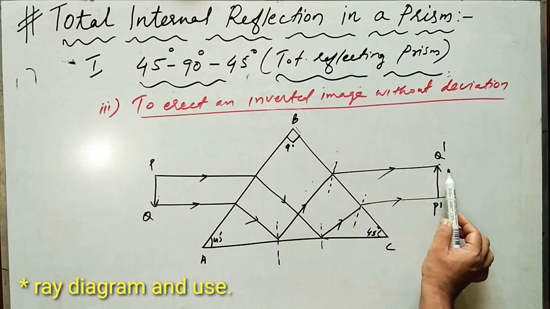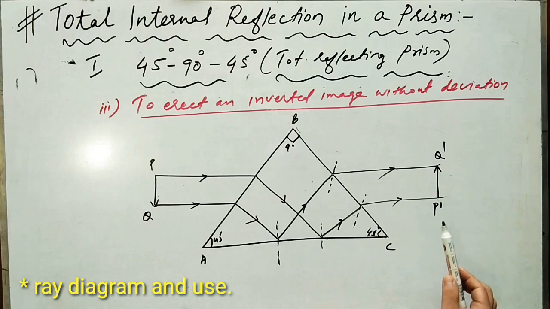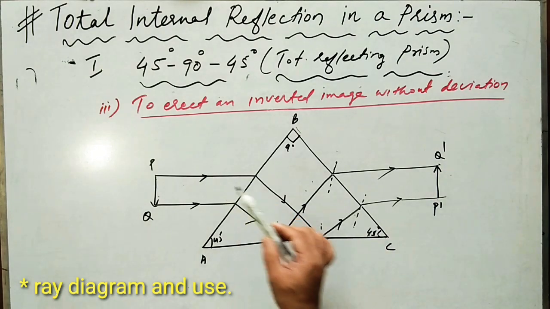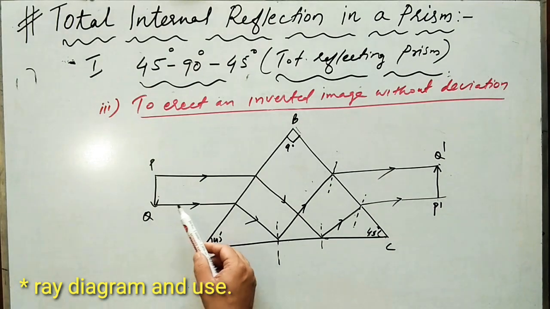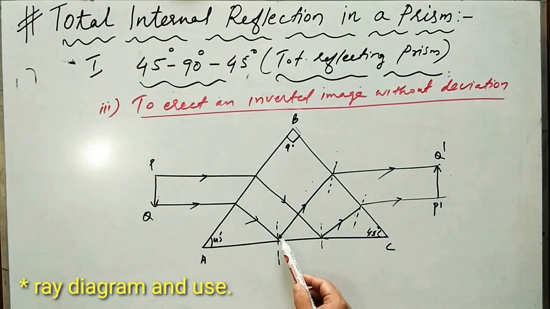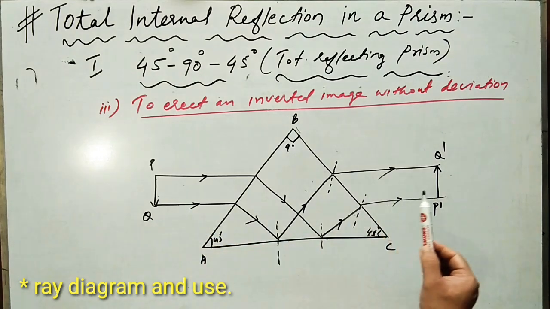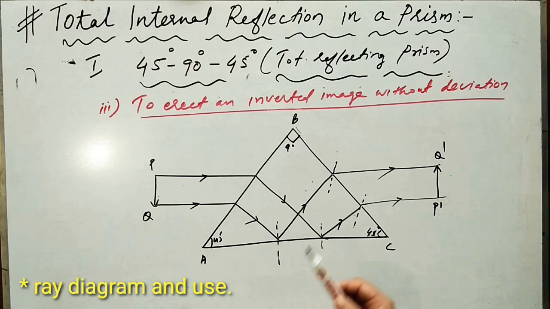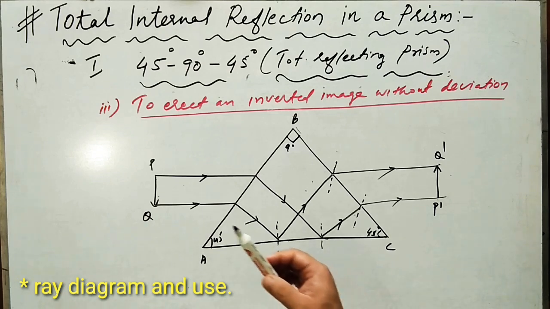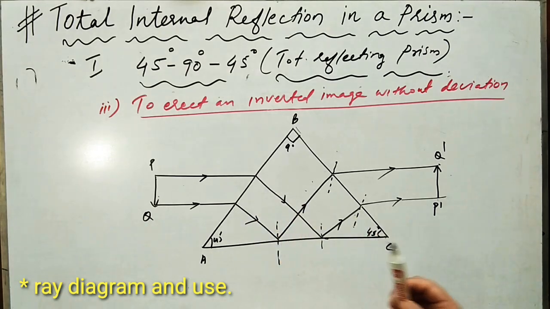See, there is no deviation. It has not changed its position. So on passing through a total reflecting prism, light rays are turned through a total of 90 degrees and an inverted image is erected.